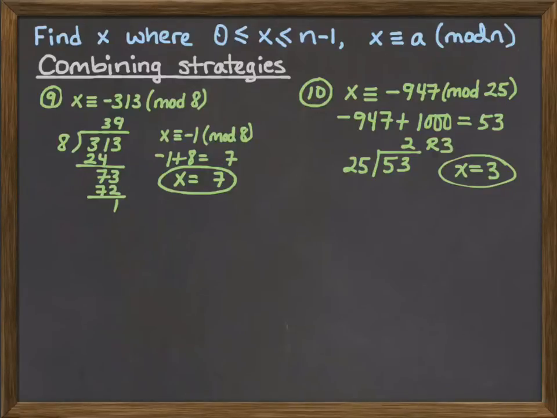Secondly, you're probably never going to see me at the chalkboard in class or on homework or on anything that would be handed in expecting this kind of work to be shown. So I've written it all out here so that you can follow what I'm doing mentally. But in practice, most people that employ these strategies just use them mentally and pick the strategy that they can do most easily to find the answer that they're looking for.